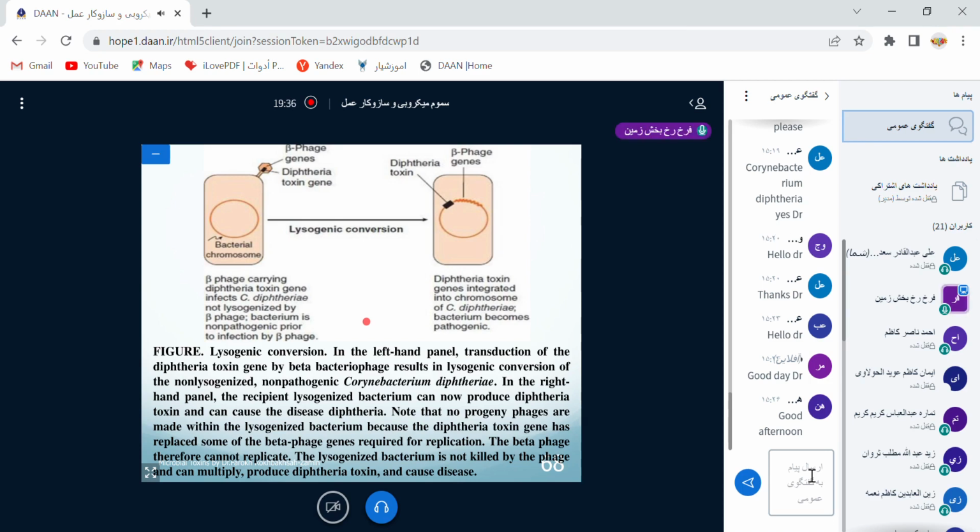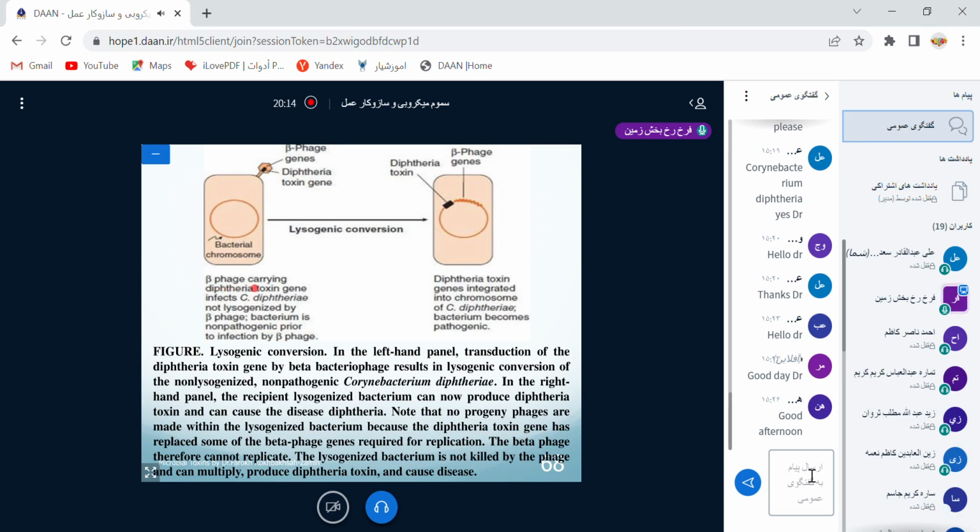But in those Corynebacterium diphtheriae where a lysogenic phage can send its gene inside the bacterial cytoplasm, the diphtheria toxin gene is part of the viral genes which are incorporated into the bacterial chromosome. Now this prophage can help with toxin production.